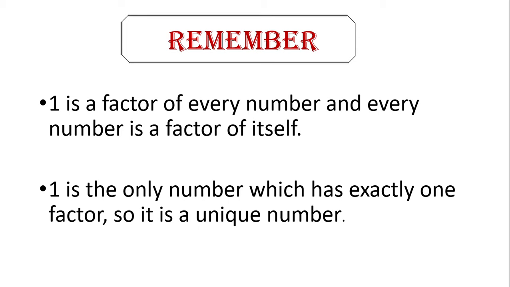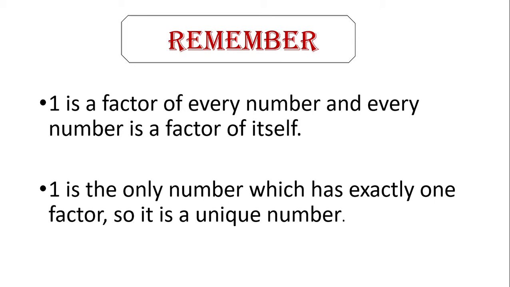Some factors of 9: 9 itself, and 1 is a factor of 9. 2 is not a factor of 9 because if we multiply 2 by any number, we don't get 9 as the multiple.